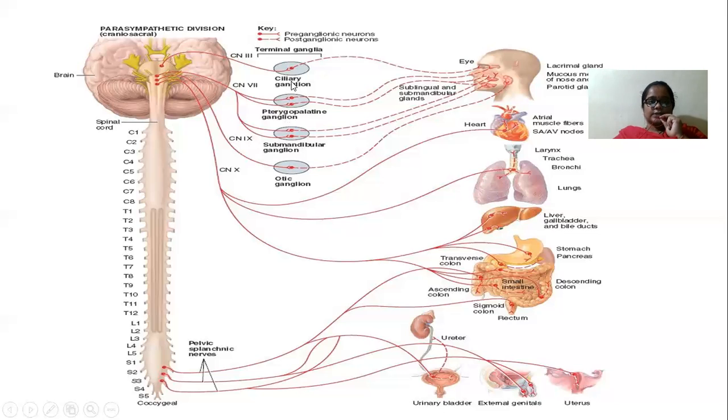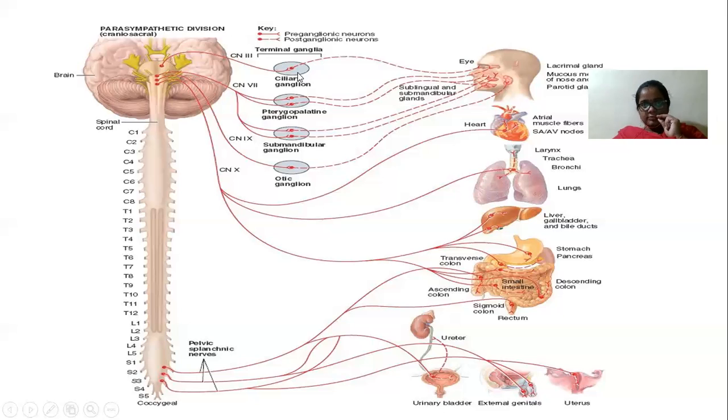Okay, so the first thing is the ciliary ganglion. Cranial nerve 3 is the oculomotor nerve, and the parasympathetic preganglionic neuron extends from the oculomotor nerve and makes a synapse with the postganglionic neuron in which terminal ganglion?